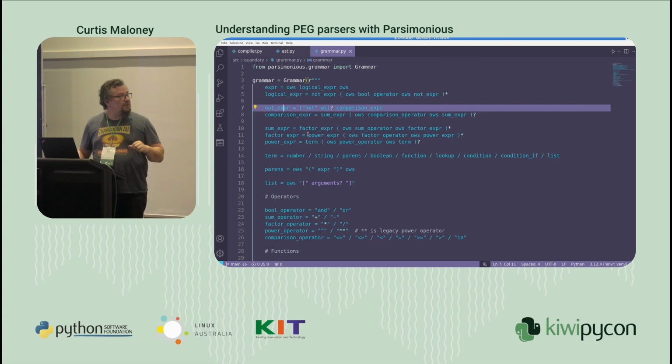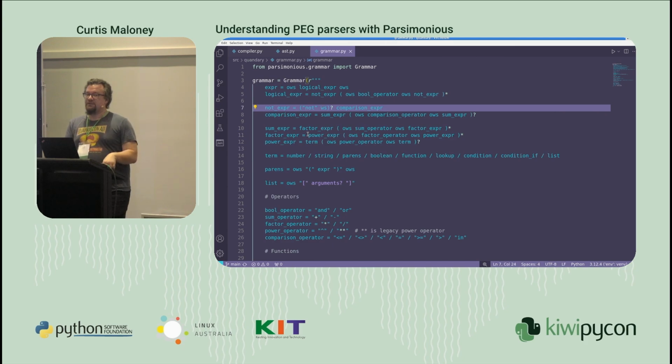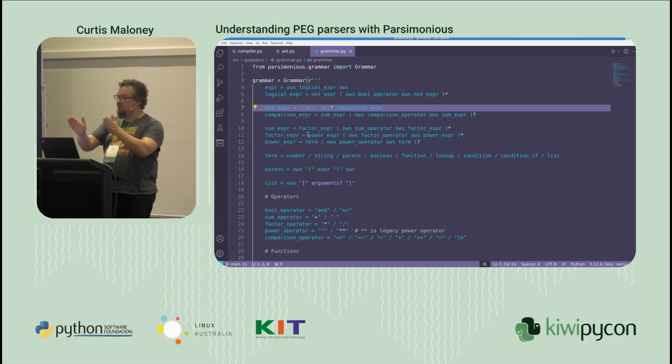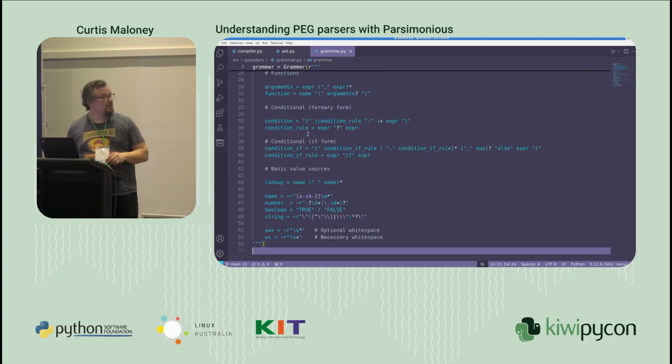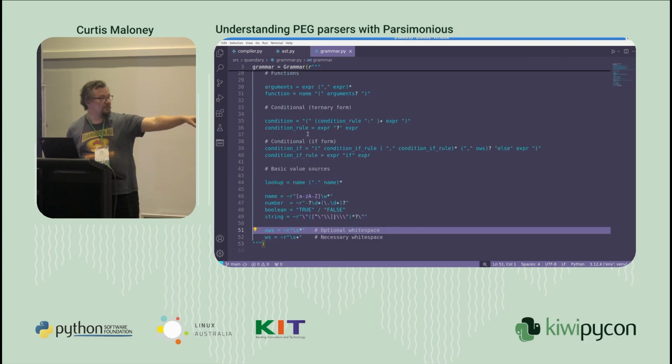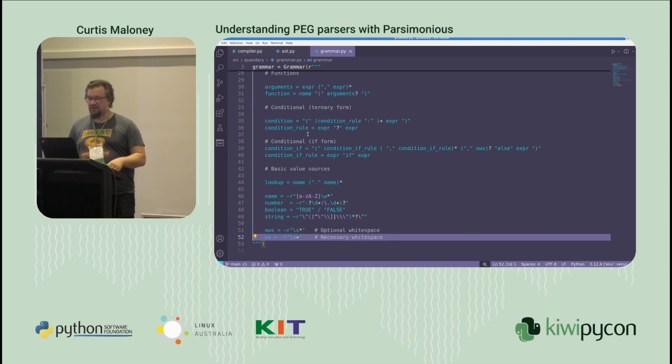But at that point, all of our white space had been described as optional, as 0 or more white space characters. So it had seen the name and gone, oh, that's not this lookup. So that's why we now have white space and optional white space down here at the bottom of our description. That's the only place the non-optional white space is used, but it's still there as an example.